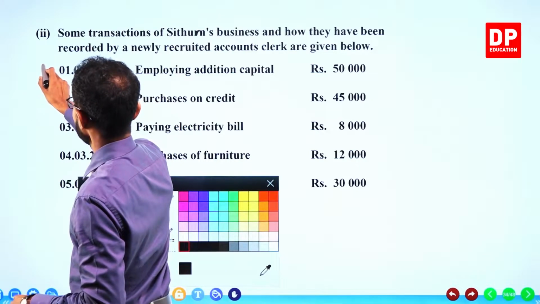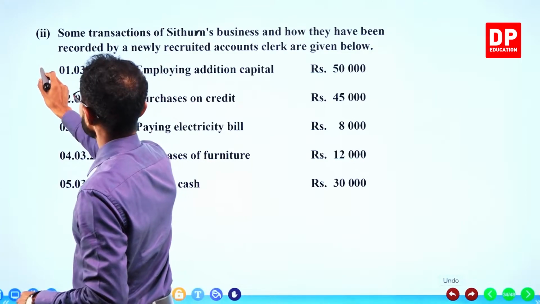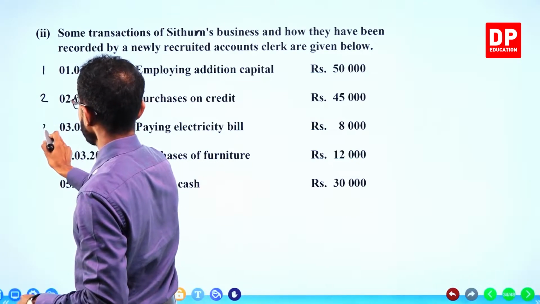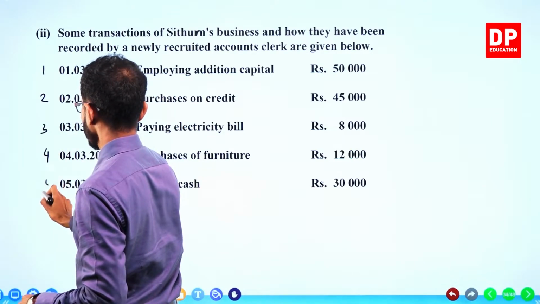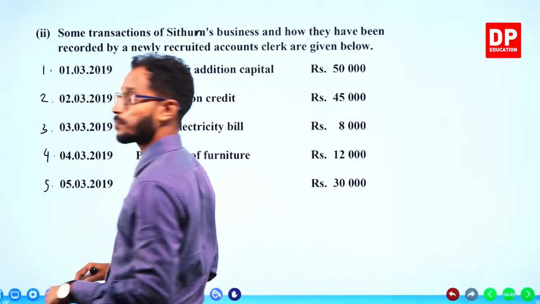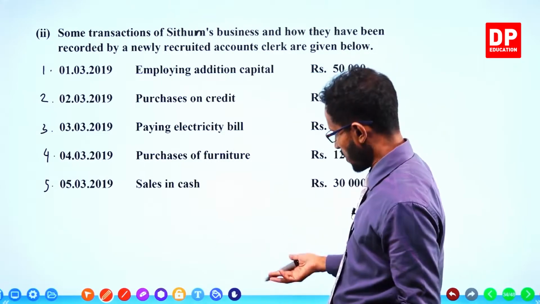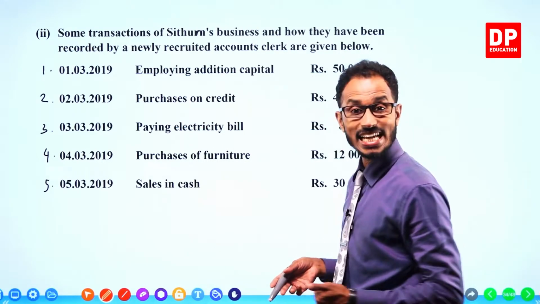We have been given 1, 2, 3, 4, 5. Right. What do we have to do? There's nothing mentioned here. Let's go and see on the next slide.